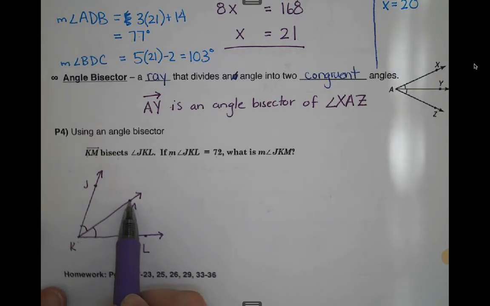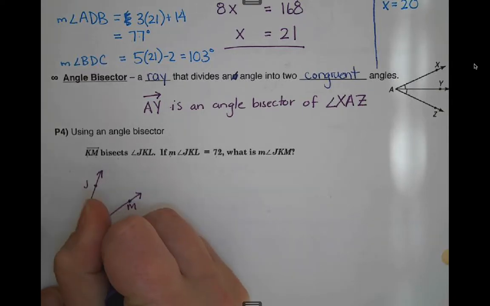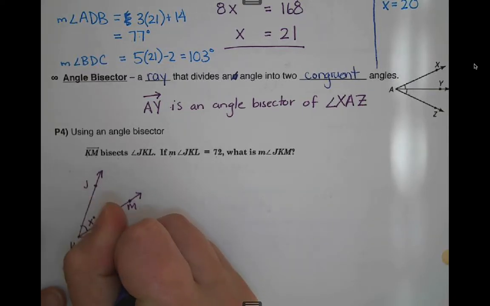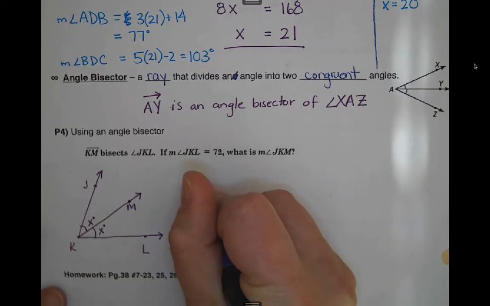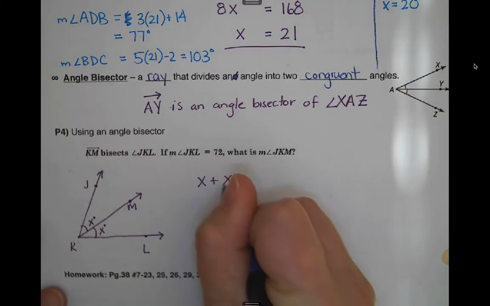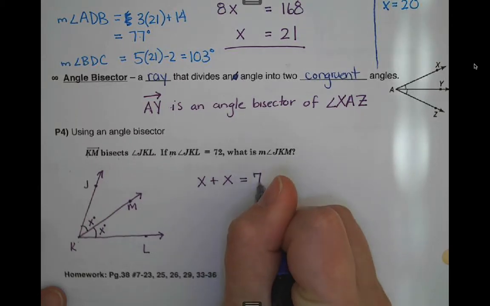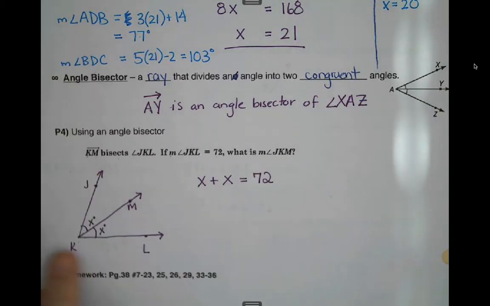Well, what we know is that these angles, in finding one of them, we're really able to find both. So I'm going to put an X in both of these because if we add X plus X, we would get 72, the measure of the whole angle here.